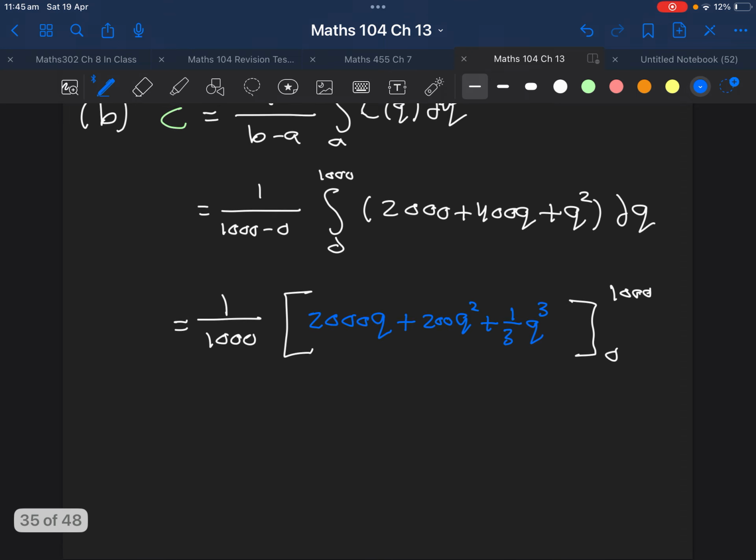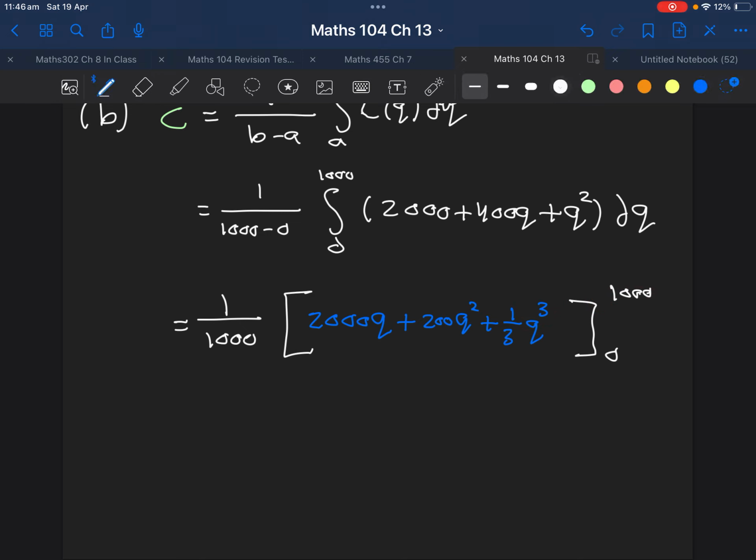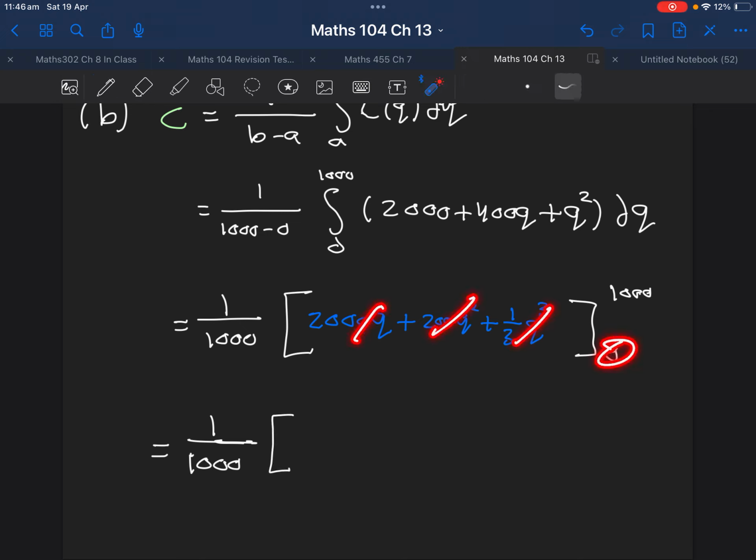And finally, we just need to substitute 1,000, and then we substitute the 0. Now, if you substitute the 0, everything will be cancelled. So we only need to substitute 1,000 and see what the answer will be here.